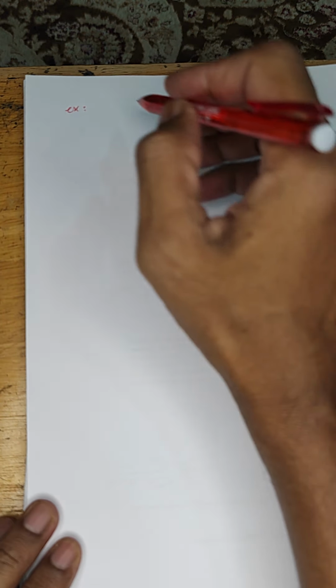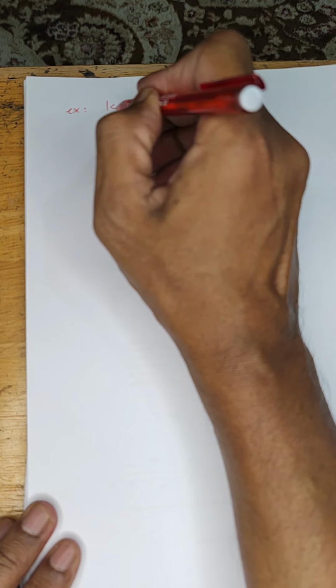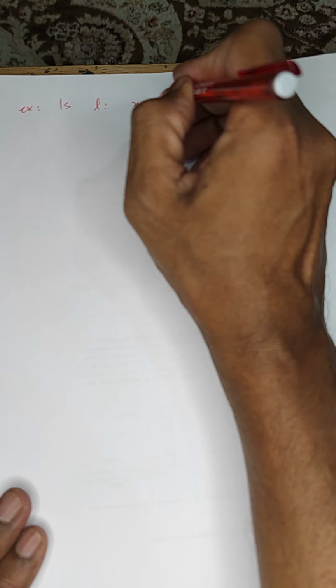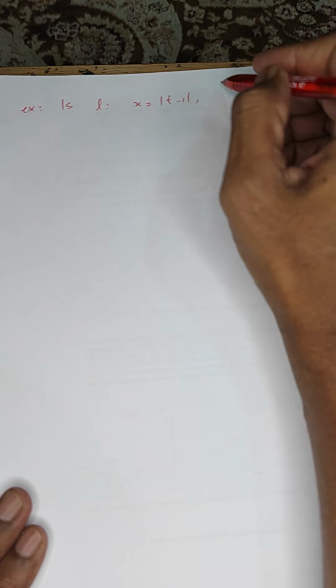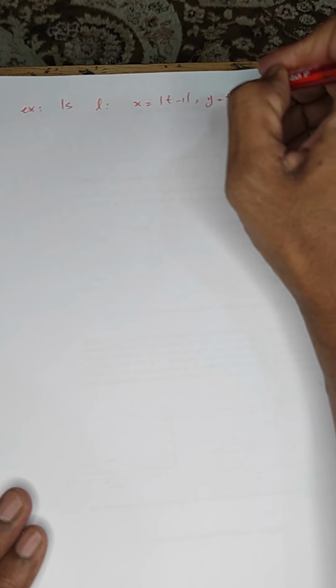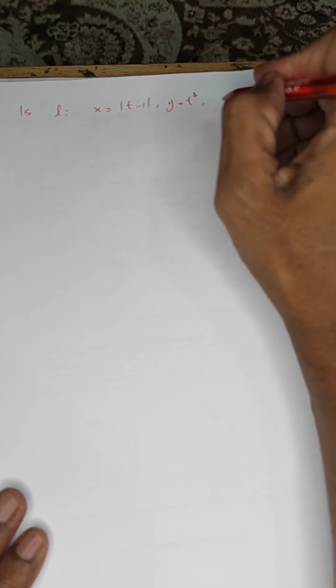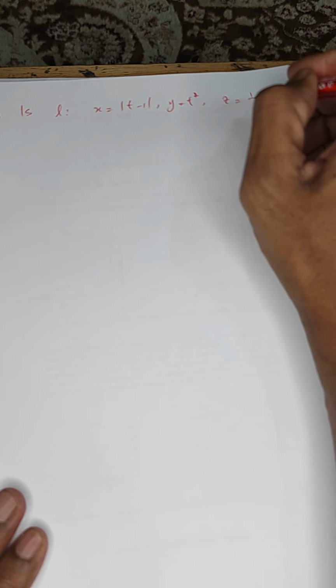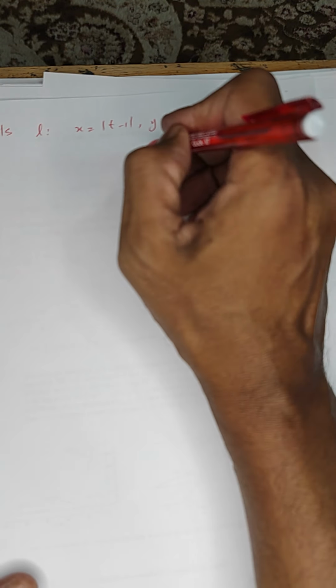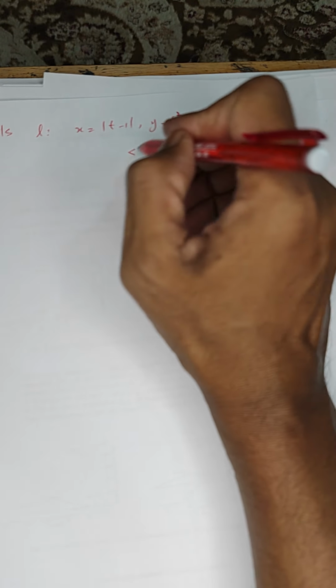So think of those things, and let me give you a simple exercise. This curve: x equal to t minus 1, y equal to t squared, z equal to 1 over t, for t between 0 and 2.